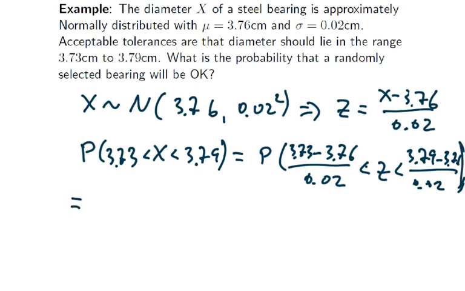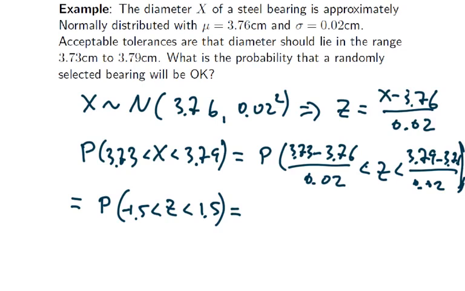Okay, and this equals to probability that z is between minus 1.5 and 1.5.